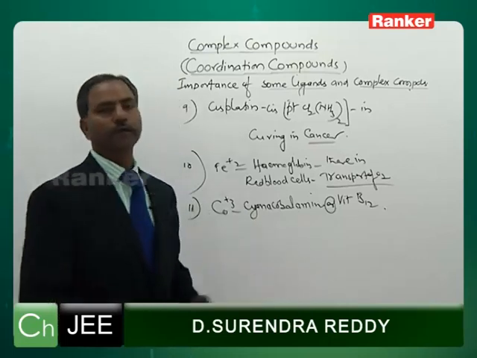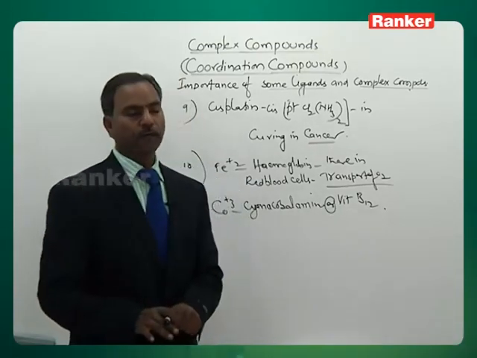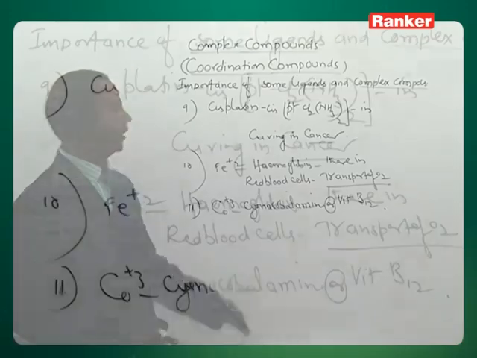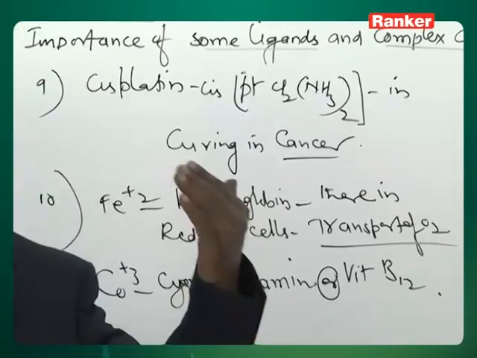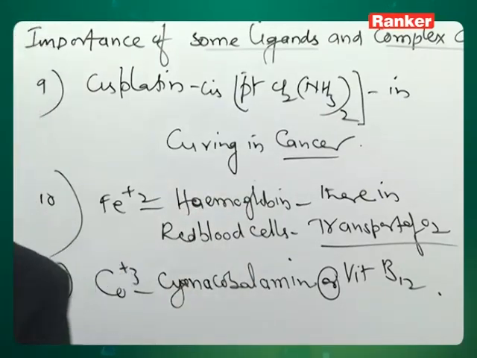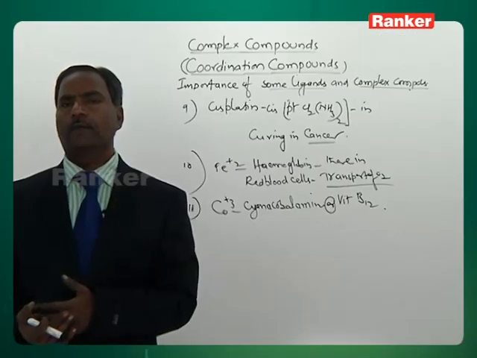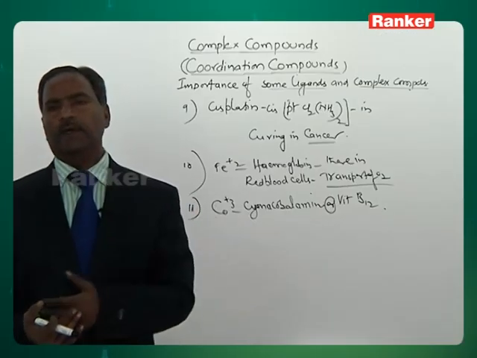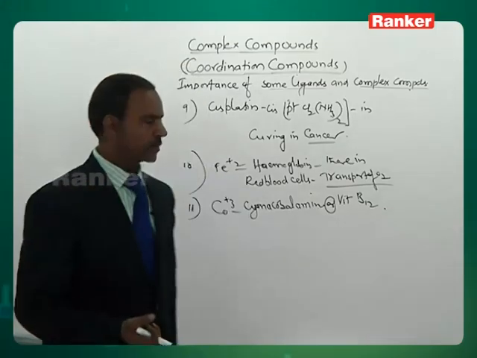It is useful in many ways for human life and other living beings. These are some important complexes and ligands which are important in practical chemistry or biochemical industries, in the form of complexes or ligands.